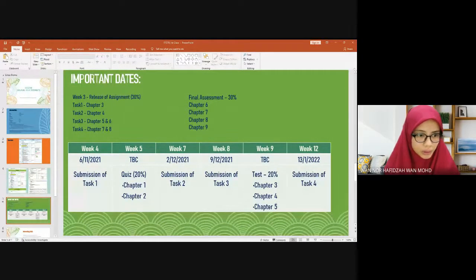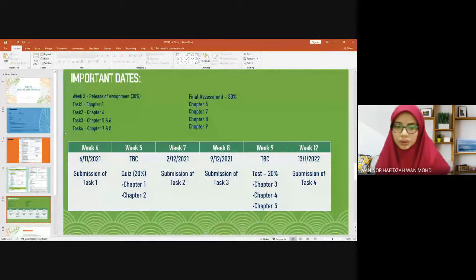Hold on, I will check. 3F, some will return on 13 November, and some will not return. So I need to check again. Yes, right, some return on the 10th. I know that. So later we will think about how we are going to handle it.